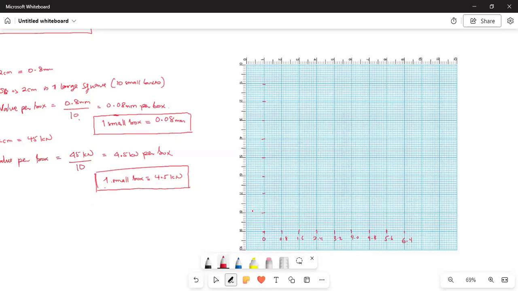So this is 0, this will be 45. I'll add 45, that is the interval. This will be 90, 135, 180, 225, and 270, because we had up to 261.